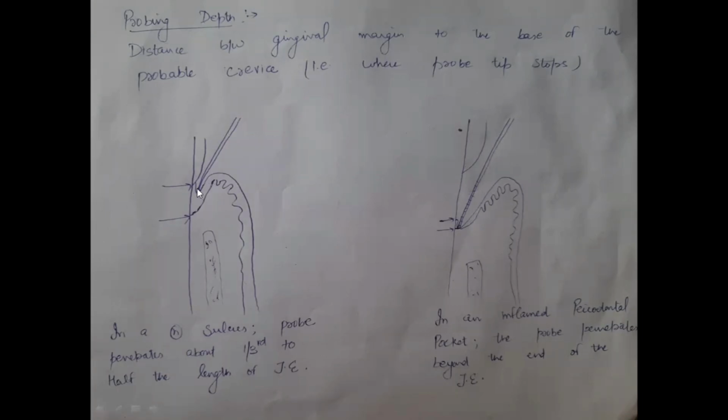So this will be biologic or histologic depth. Now this is not practical. This biologic or histologic depth can only be detected in carefully prepared histological sections. You cannot see it clinically.